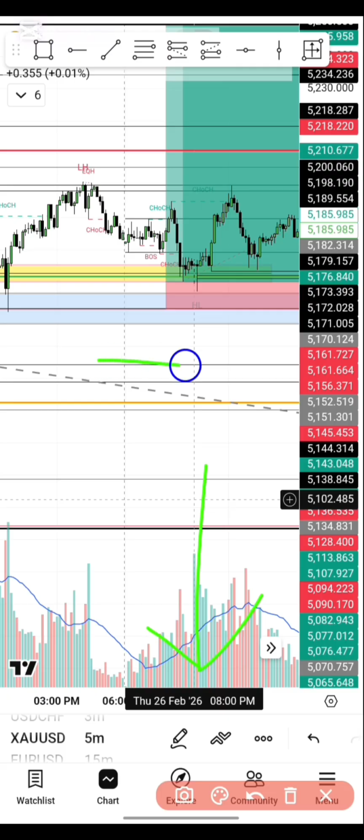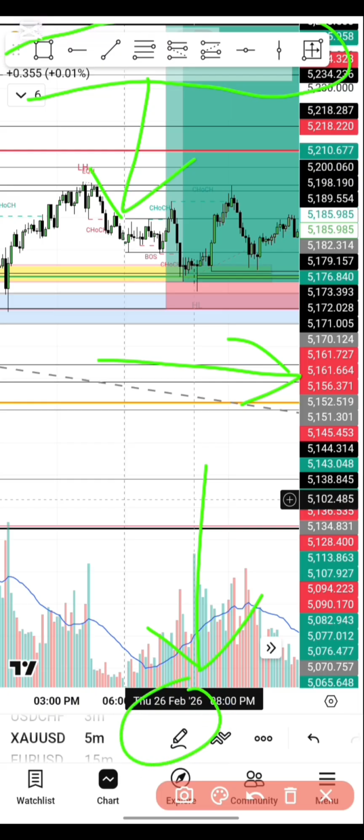This is your price scale, and these are your candlesticks, or your chart, where you'll be doing your analysis. And this will be your tools. If you want to add any other tool, this is where you will add your tools.